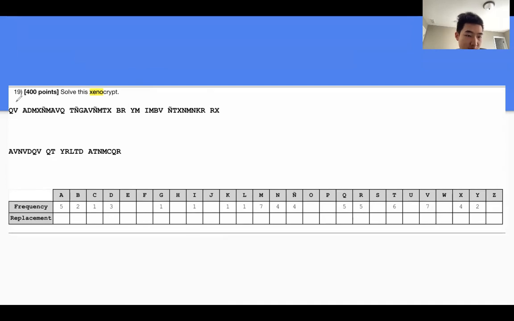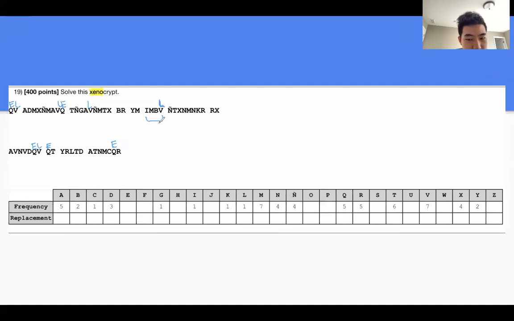Yeah, so if we stick with the Q is E thing, it's probably L. V. I will admit that there's not all that much to go off of in this though, and I'm not 100% sure what this word is.